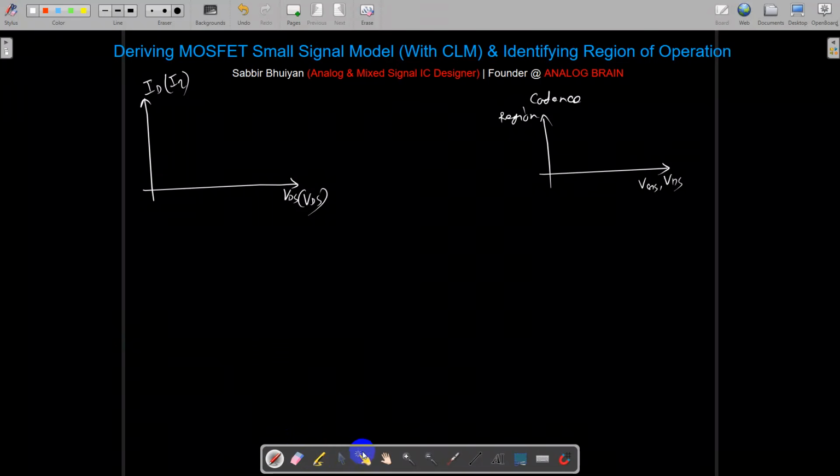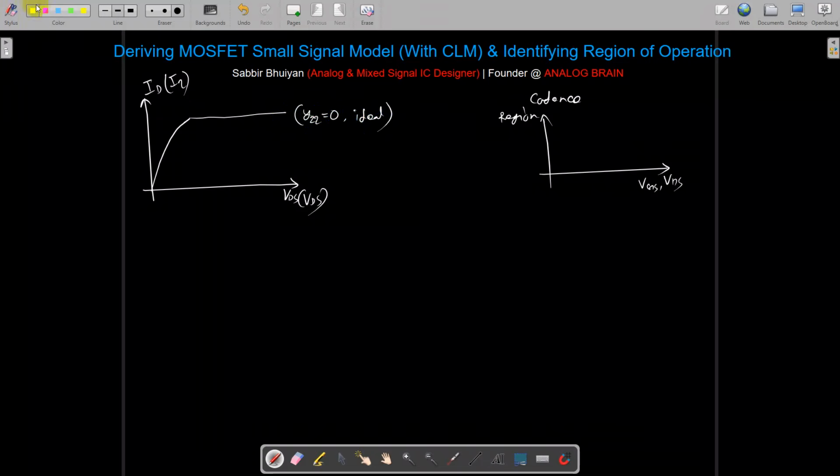For the ideal case, the graph will look flat. In that case, we can say our y22 is equal to 0. It means your RDS is infinite. You have infinite output impedance. So this is for the ideal case.